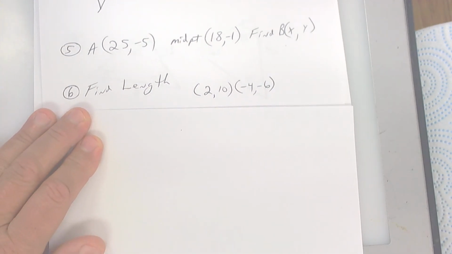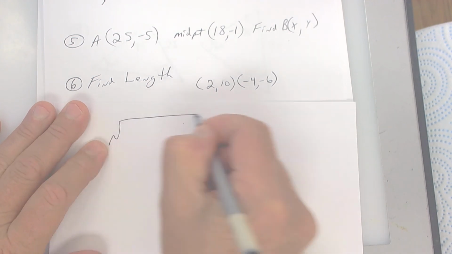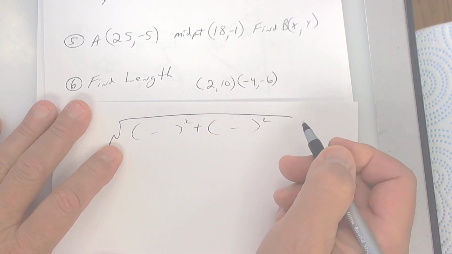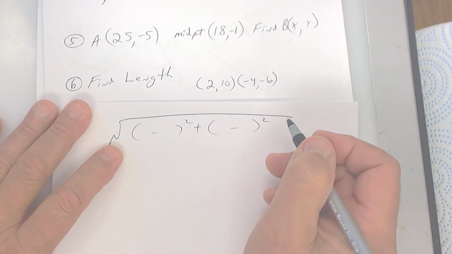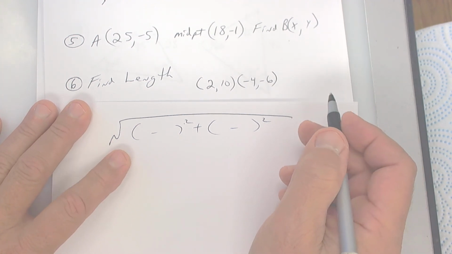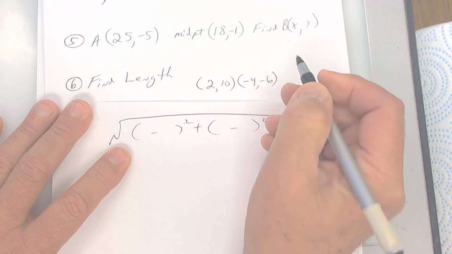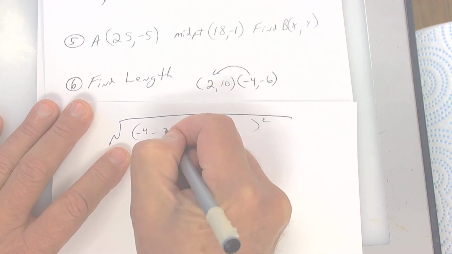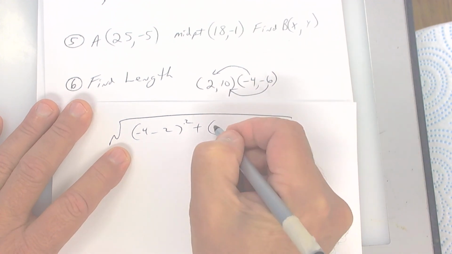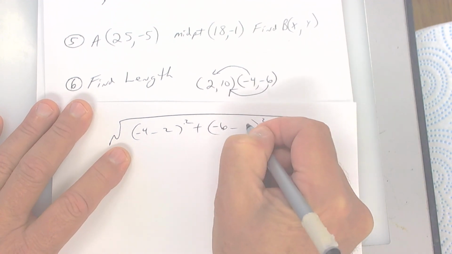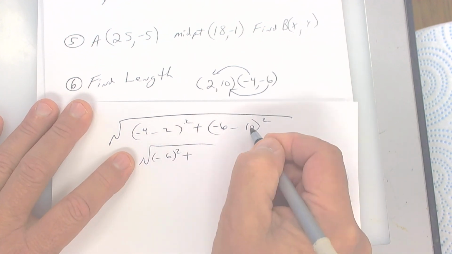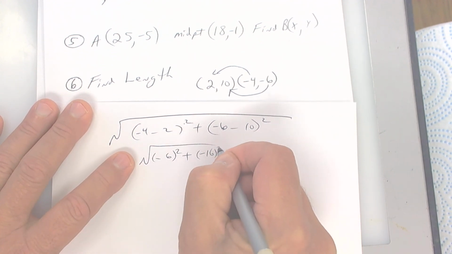When they say length, they're talking about distance. So you're going to do the distance formula. Okay? So your x's go in this one. So it's going to be -4 minus 2, and then your y's go in the other one. So -6 minus 10. So this gives you a -6 squared plus, this gives you a -16 squared.